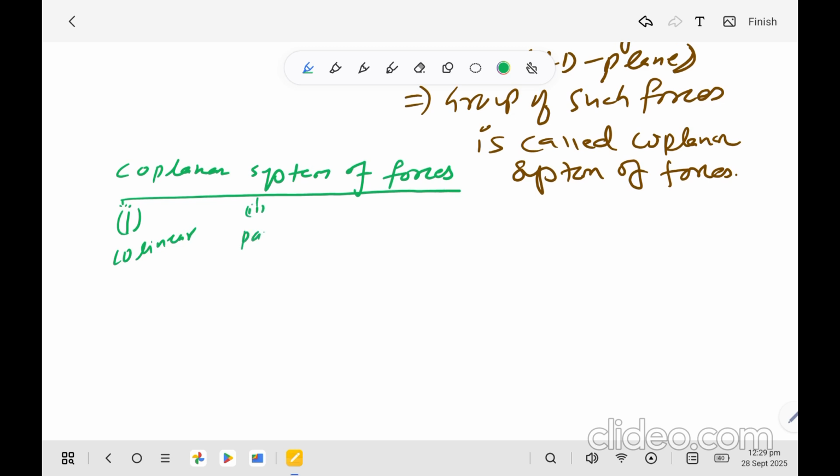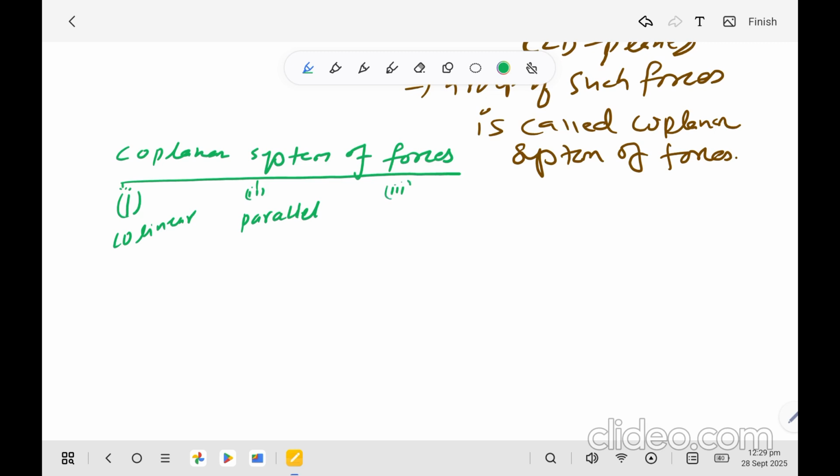Second is parallel coplanar system of the forces. Third one is concurrent coplanar system of the forces, and non-concurrent coplanar system of the forces.